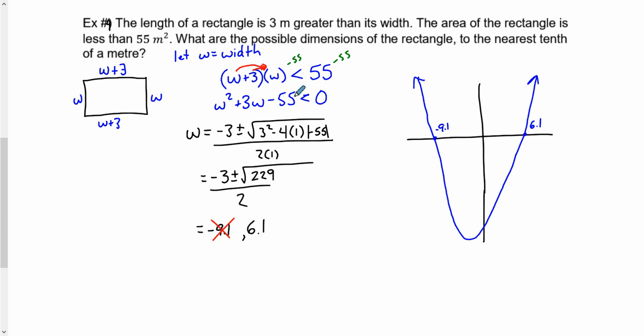We're asking, where is the parabola less than 0? Well, it's less than 0 all in, actually, I'm going to put that in red just so you can see it better, in this entire area here.